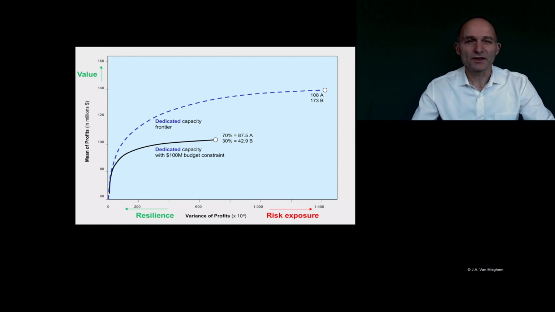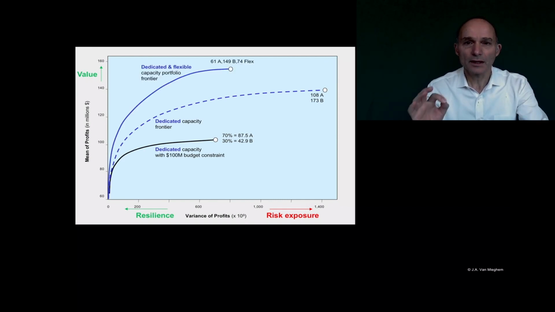The first option is to remove the budget constraint and allow unlimited borrowing. In that case, the organization, still only investing in dedicated capacity, will find it optimal to actually invest more. If the organization also invests in flexibility in its operating system, it makes a great impact.